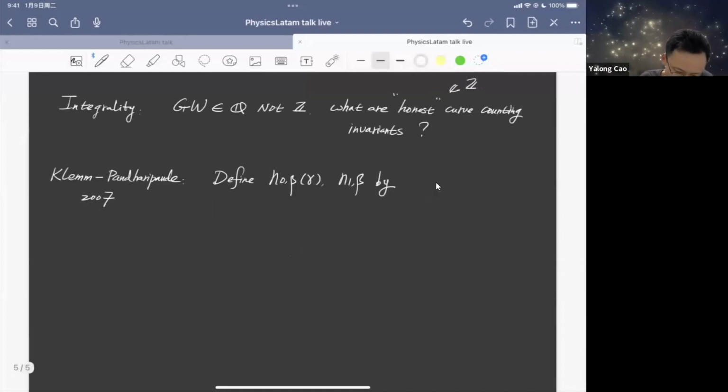So let's talk about this genus zero formula first. The left-hand side is the Gopakumar-Vafa invariants we just defined by integration of virtual class.